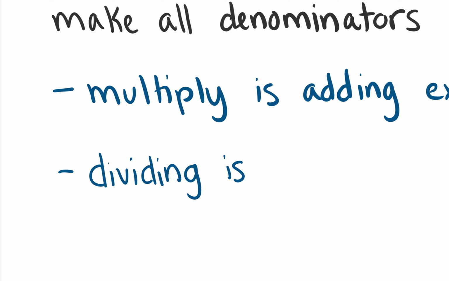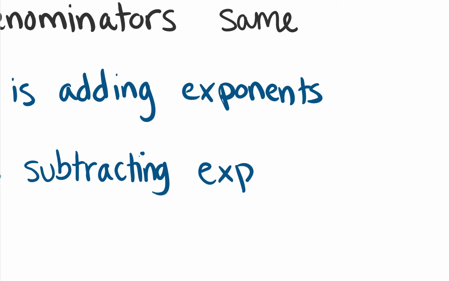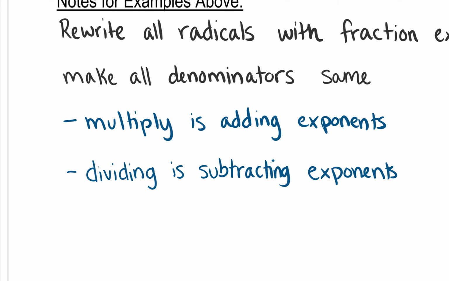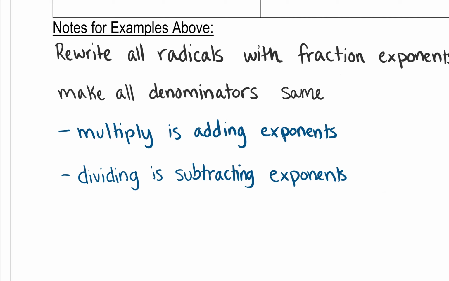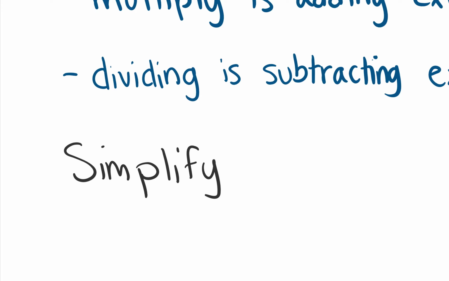Dividing is subtracting exponents. So if I have a problem where I multiply my letters, then I will add my exponents, my fractions, and if I'm dividing my letters, then I will subtract them. So this is the order that you'll go in, and I guess the last one would be, well, if it wouldn't freeze on me. There we go. Last step is simplify. Always simplify. Okay, so we'll just add that on there.